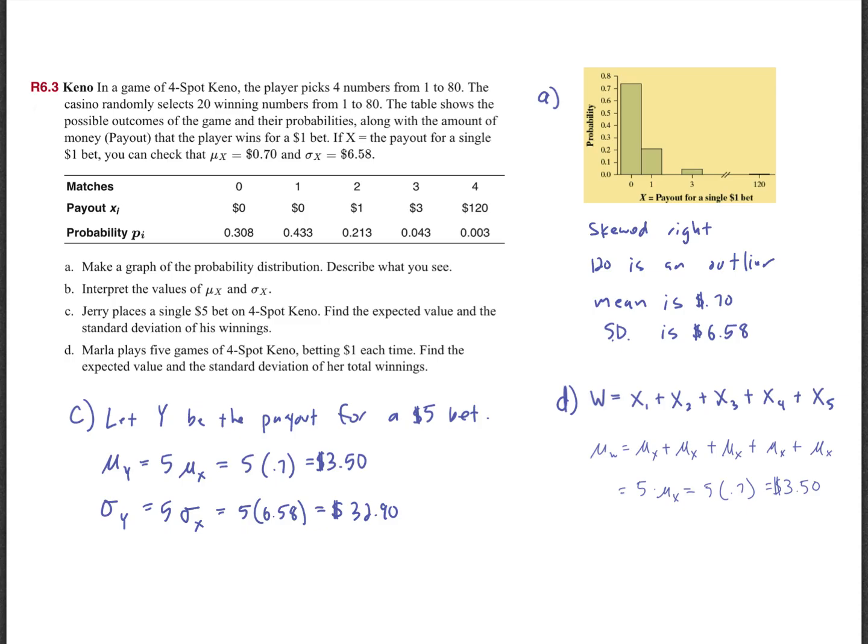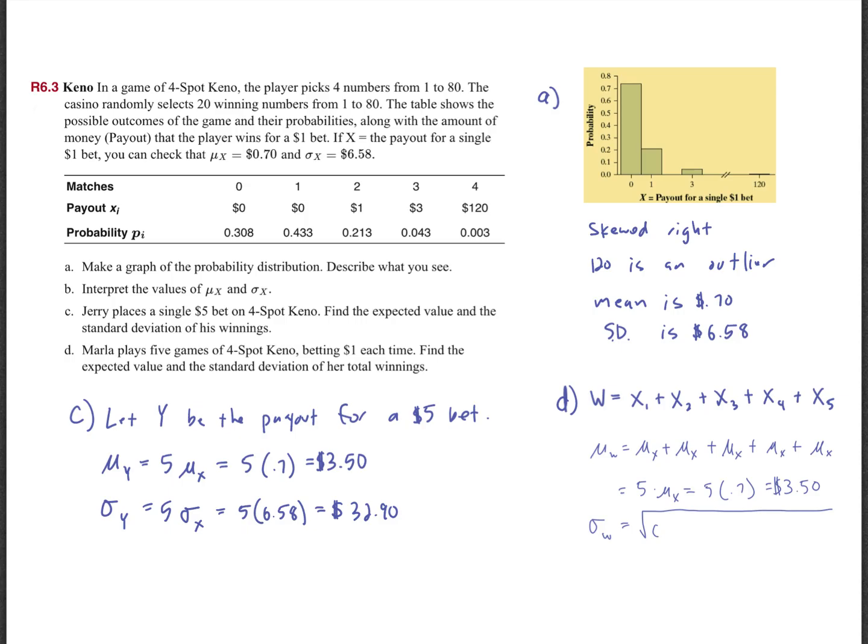Now, if you're finding the standard deviation, though, you can't just multiply. Remember, you can't multiply or add standard deviations when you're dealing with more than one distribution, like in this case. So the standard deviation for W is really the square root of all their variances.